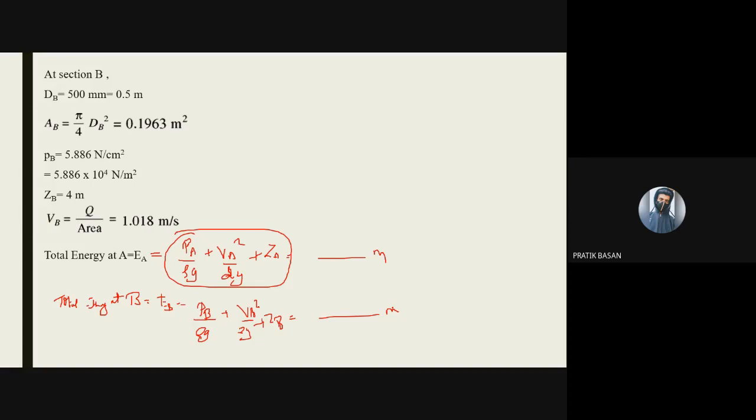Sir, total energy at A is 13.57. Okay. Total energy at B, you find out and we'll see the answers how it is. Fast.